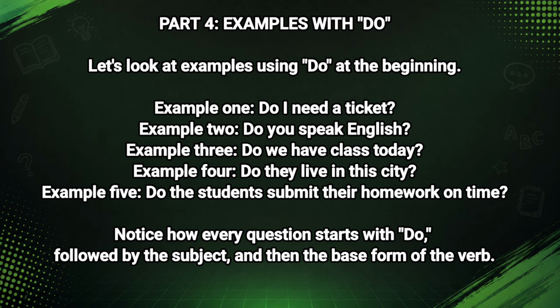Do they live in this city? Example number 5. Do the students submit their homework on time? Notice how every sentence starts with do, followed by the subject, and then the base form of the verb.